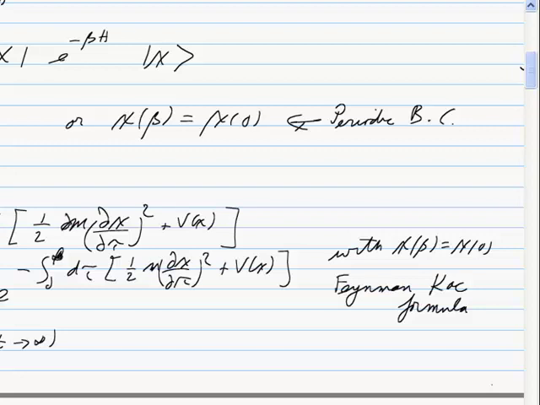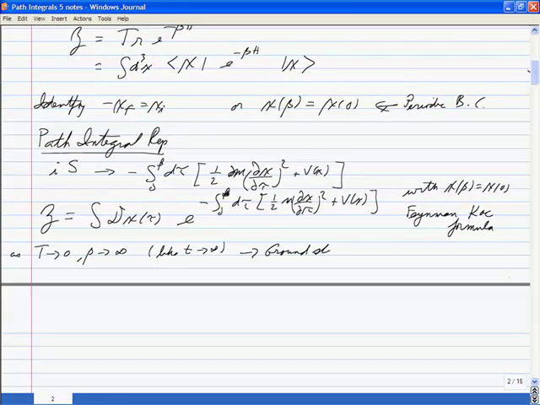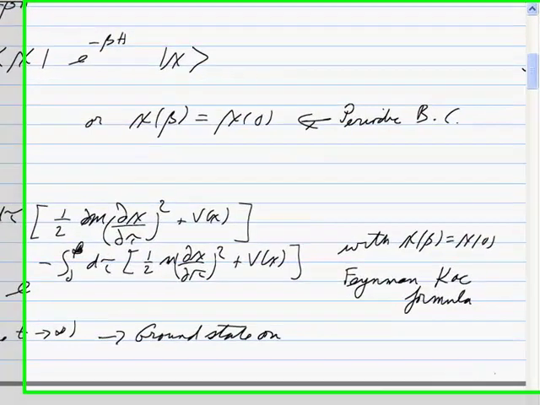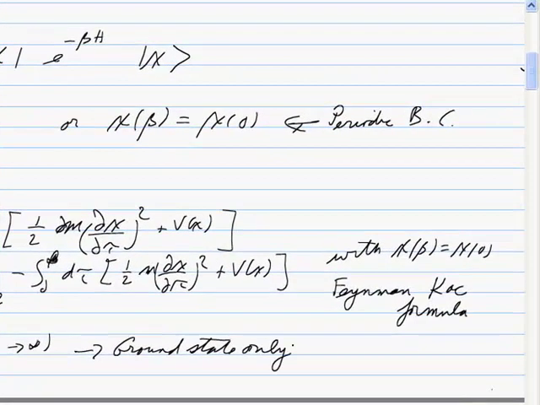Well, what's the physics of temperature going to 0? That's going to the ground state. When temperature is non-zero, you get the excited states, but at 0 temperature, you just get the ground state.